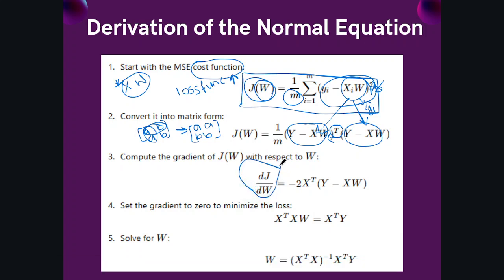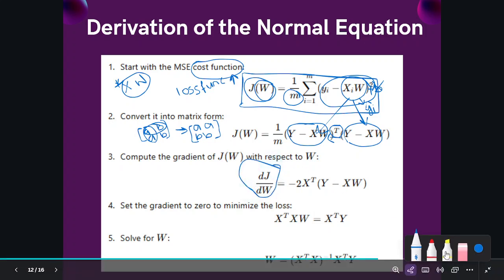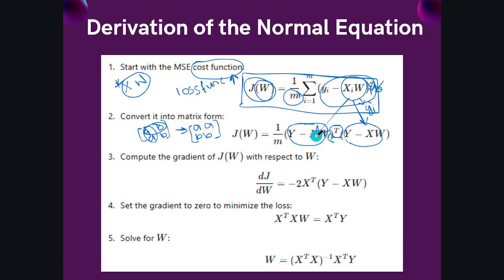If you don't know matrix differentiation, let me take you through it. It's very easy. When we differentiate, this particular thing will disappear, because anyways we are going to make this derivative 0.